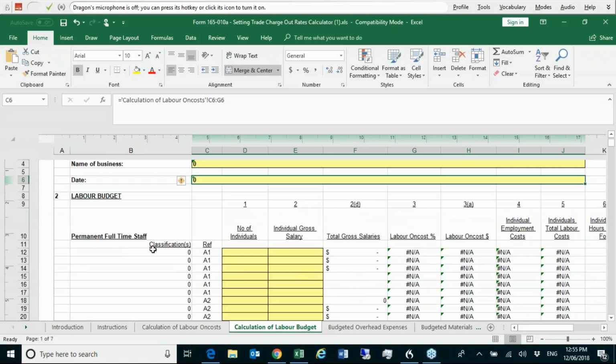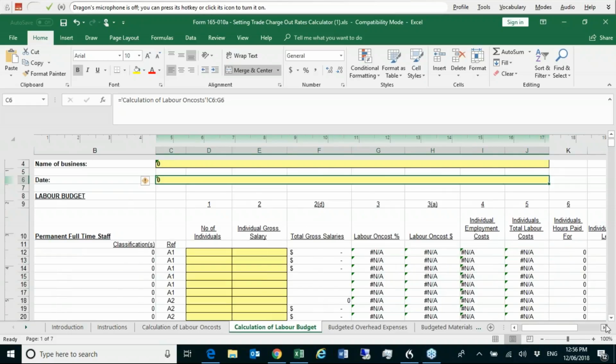The information can then be transferred into the labour budget, and a lot of this information will automatically be transferred.